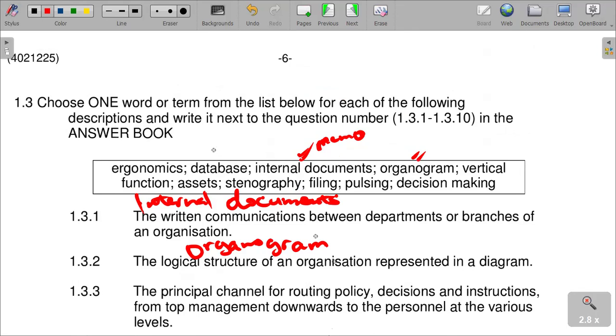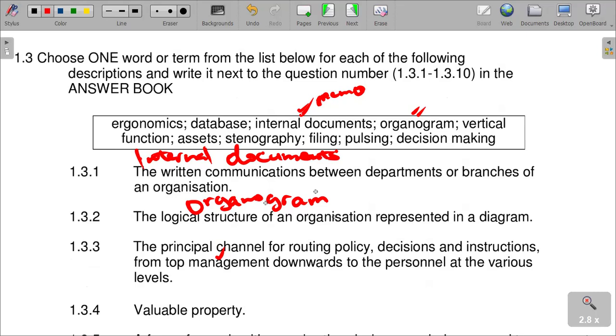It has to do with vertical functions, because we are talking about routing policy decisions and instructions from top downwards. It can be vertical communication, but the question is, it has to do with the vertical functions, which runs from top down or from downwards to upwards. So we can talk about that as a vertical function.